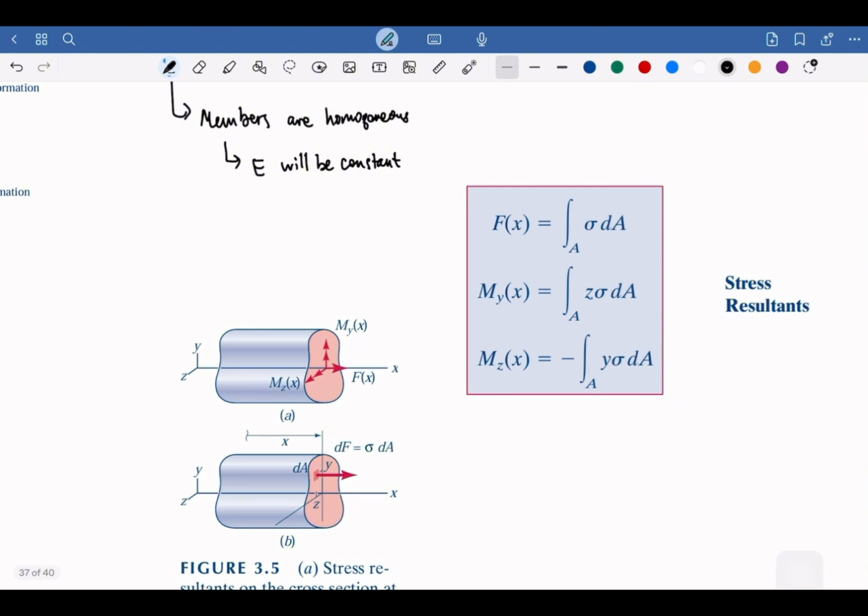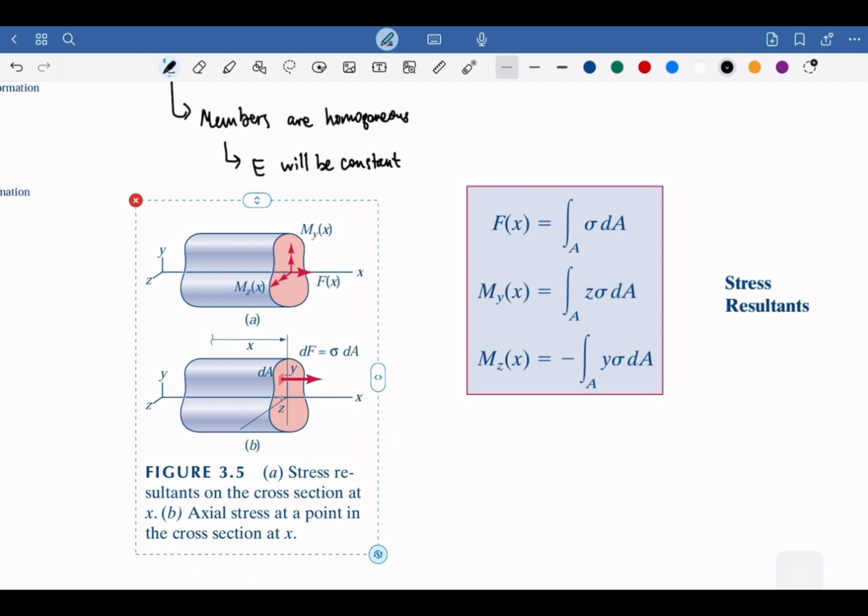As we can see from the picture here, we have the bending M, the force X, and if we take the small elements and write the definitions throughout the whole body, then F is the integration with respect to A of sigma dA, My is z sigma dA, and Mz is y sigma dA but negative.